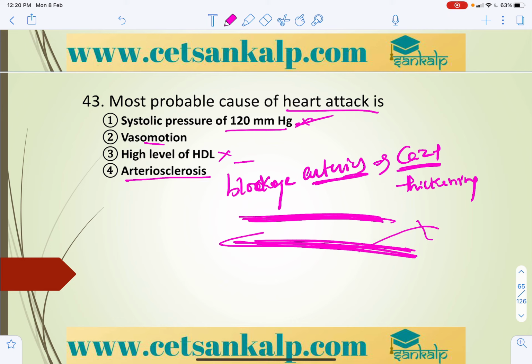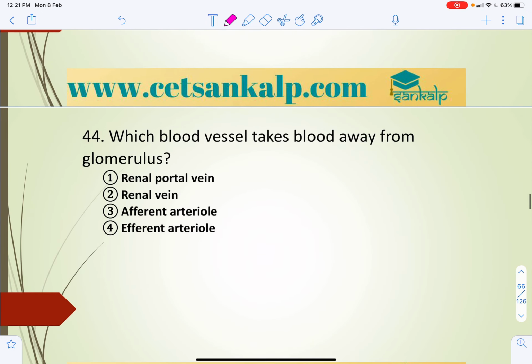Because of that, less oxygen will be moved. So less availability of oxygen to the heart leads to heart attack. Generally, this is the thing.